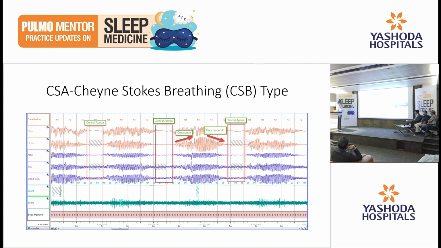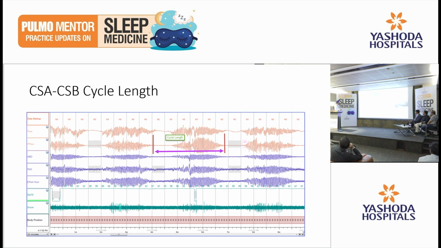If you're scoring Cheyne-Stokes breathing, which is usually seen in heart failure patients, you need a crescendo-decrescendo breathing pattern separated by 3 consecutive central apneas or hypopneas with a cycle length of more than 40 seconds.